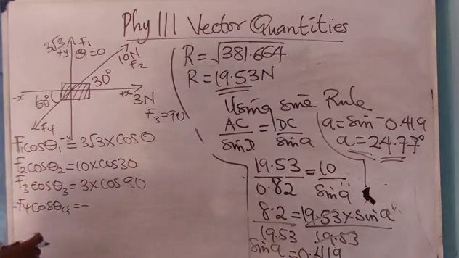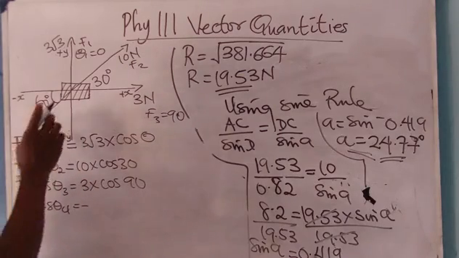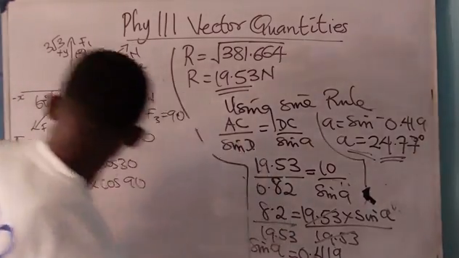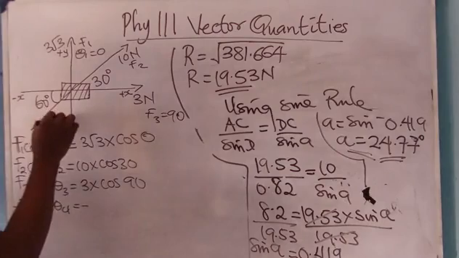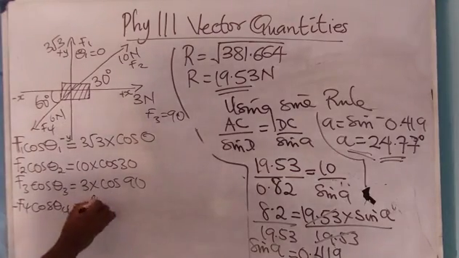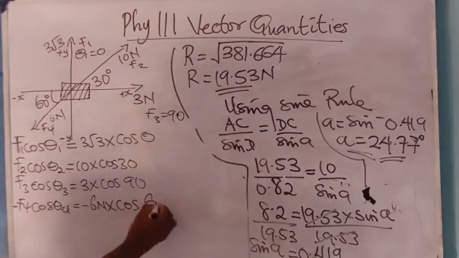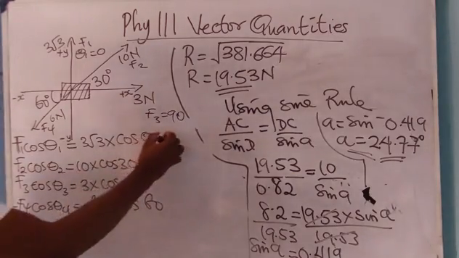I think they gave us the Newton just now. Yes, 6 Newton. So 6 Newton times cos 60.